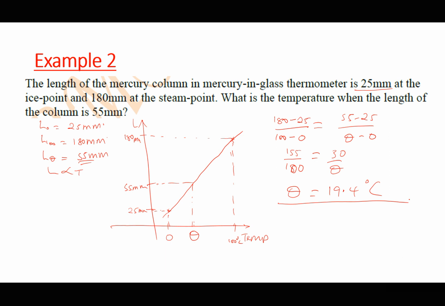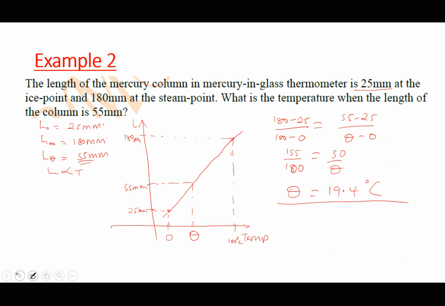If I know a property at 0 degrees Celsius, and I know a property at 100 degrees Celsius, then I can estimate the temperature by simply calculating. That is what we call calibration. So this will be 19.4 degrees Celsius.